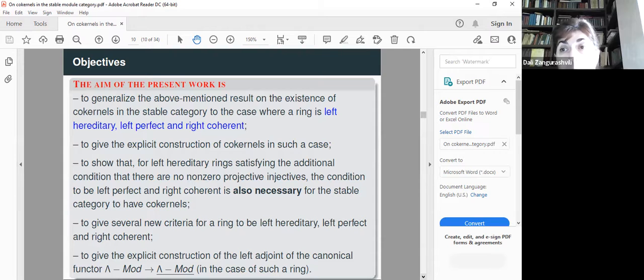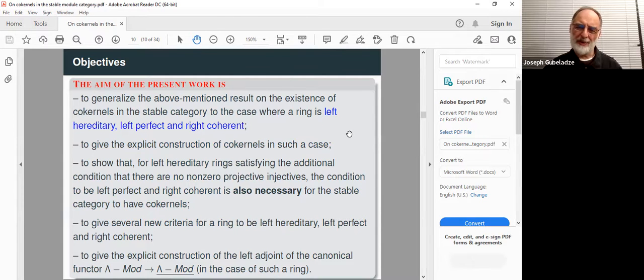Here I have to make a remark that rings which satisfy the criterion given by us in the previous work are left perfect and right coherent. Therefore, that class of rings is a subclass of all rings which are left hereditary, left perfect, and right coherent.